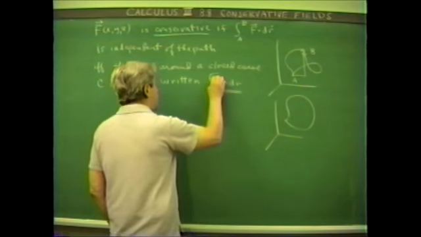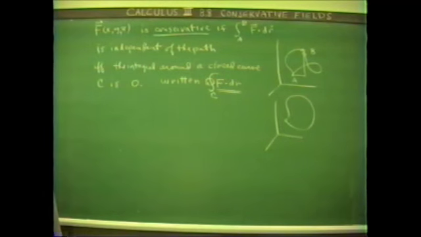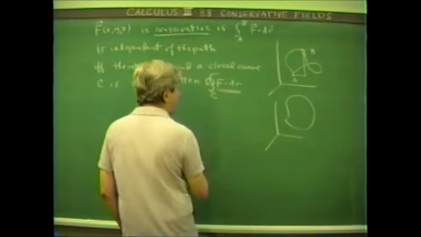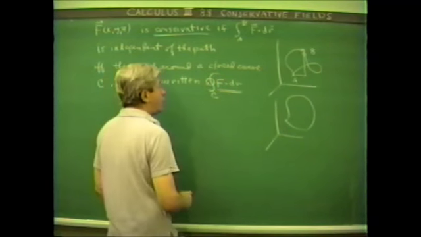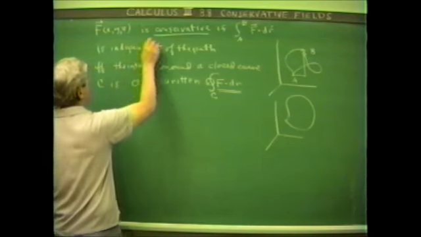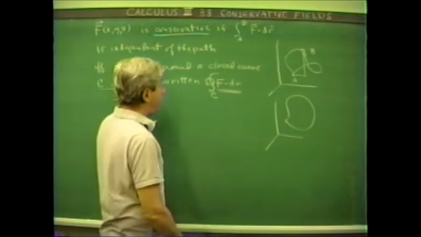Sometimes we'll also add a small circle here in the counterclockwise direction to indicate that we're going around C. Here it doesn't matter. But this also indicates that it goes around C and goes back to where it started. All right? If we've got a conservative field, then the integral around C is going to be equal to 0 and vice versa.